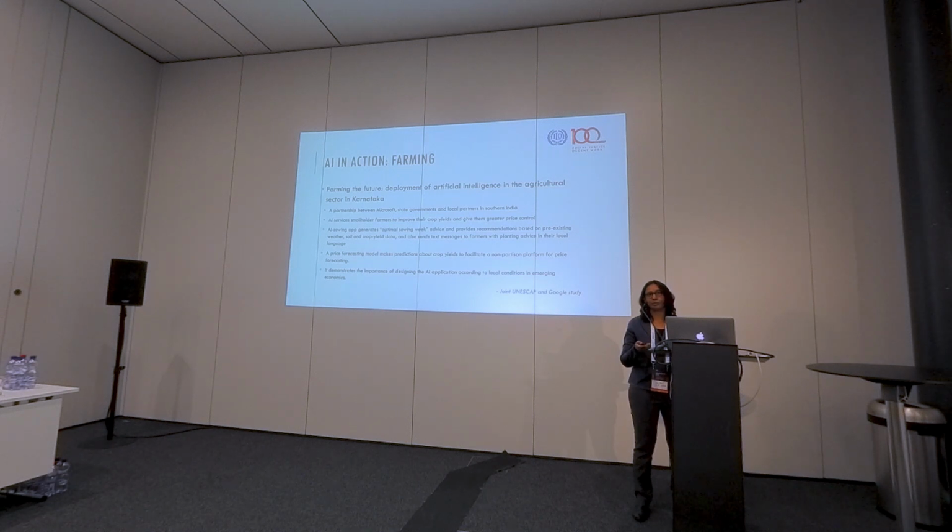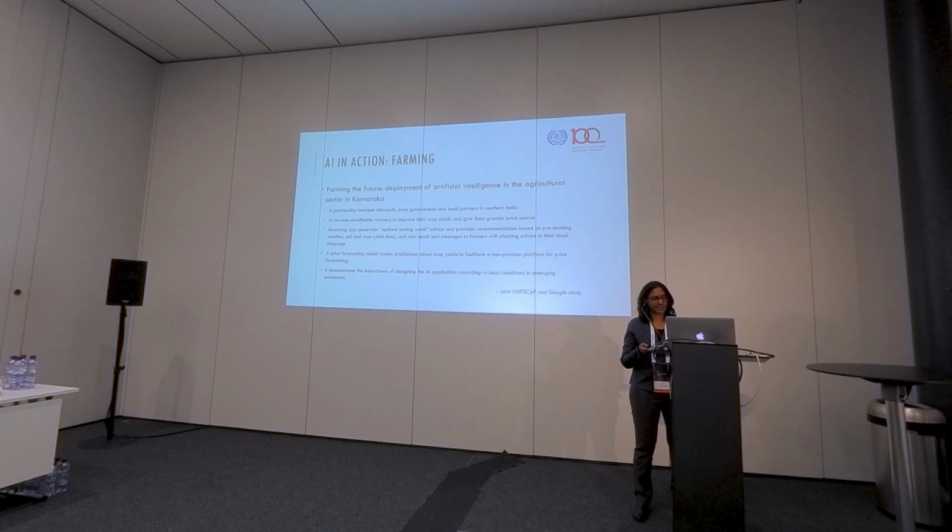So Farming for the Future is one of the experiments that has been going on in Karnataka, one of the states, which is a partnership between Microsoft, the state government of Karnataka, and lots of key local partners, which include both non-governmental organizations and the private sector.